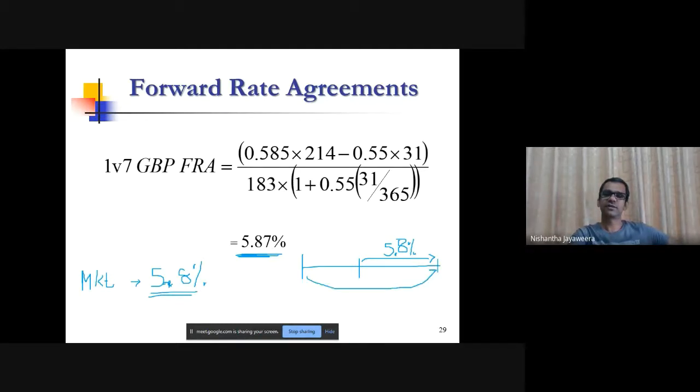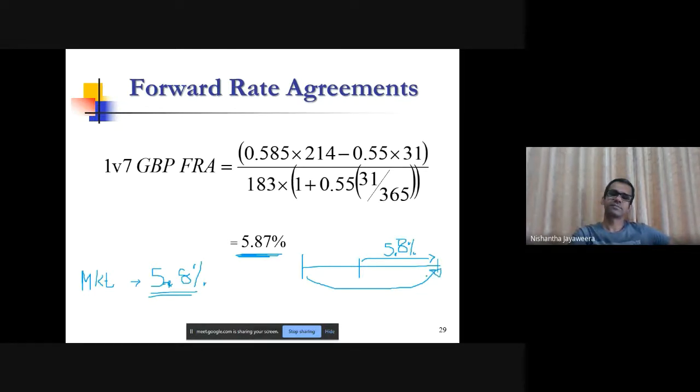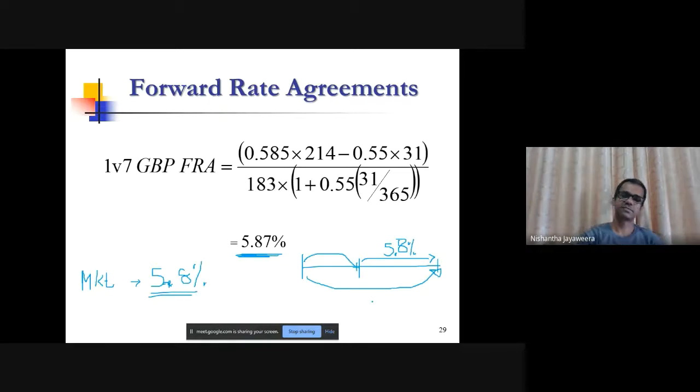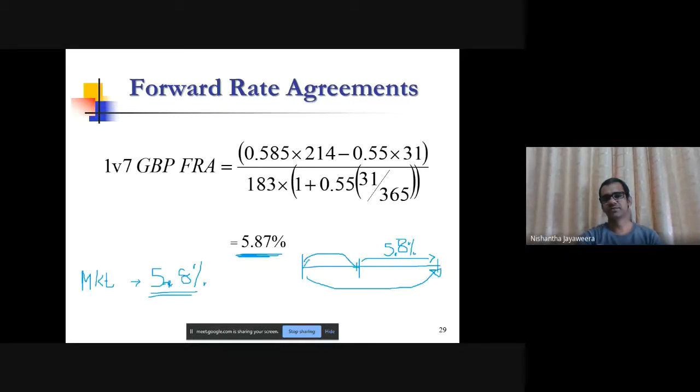For this whole period, will you borrow or lend? And what do you do for this period? What do you do for the whole period? What do you do for the short period?